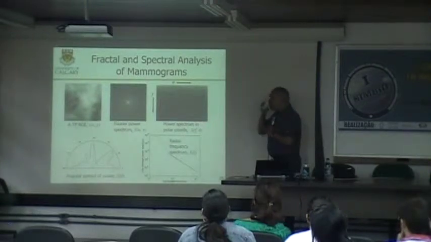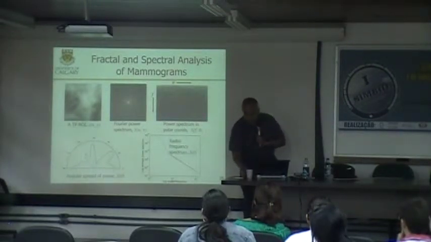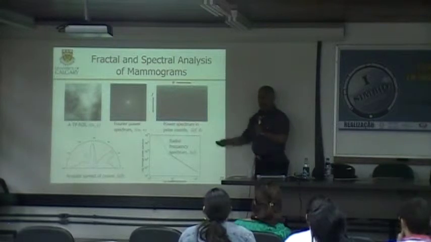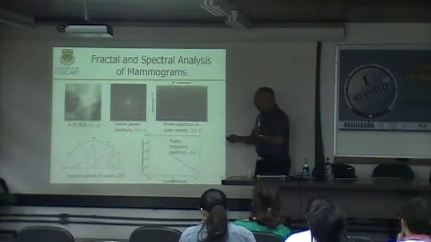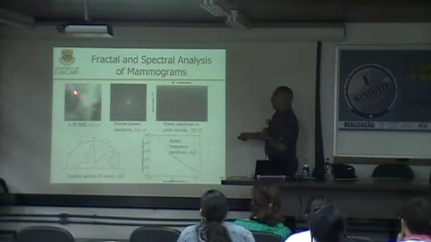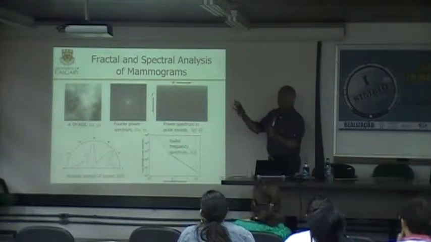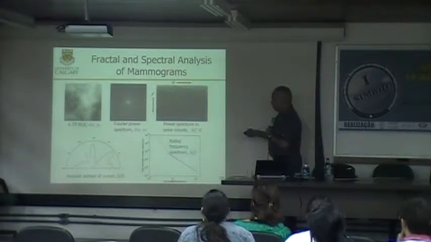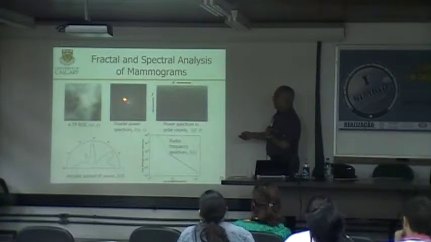This morning I already showed you application to the case of architectural distortion. I'll just briefly repeat it here. This is a region with architectural distortion. We expect a broad distribution of angular power. The Fourier transform in the Cartesian system doesn't show that.